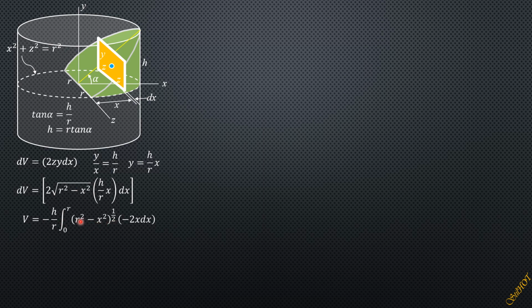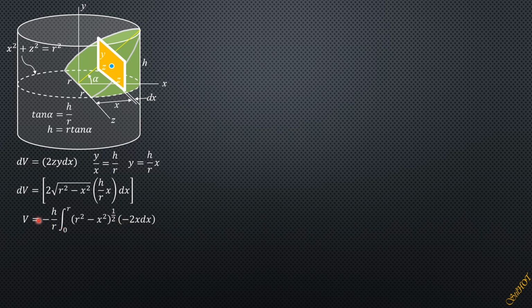So take note that if we let u be r squared minus x squared, the differential of r squared minus x squared is, because r is constant, just negative 2x times differential x, which is this. Therefore, this integrand is in the form u to the 1/2, and this is differential of u. So u to the 1/2 differential of u.